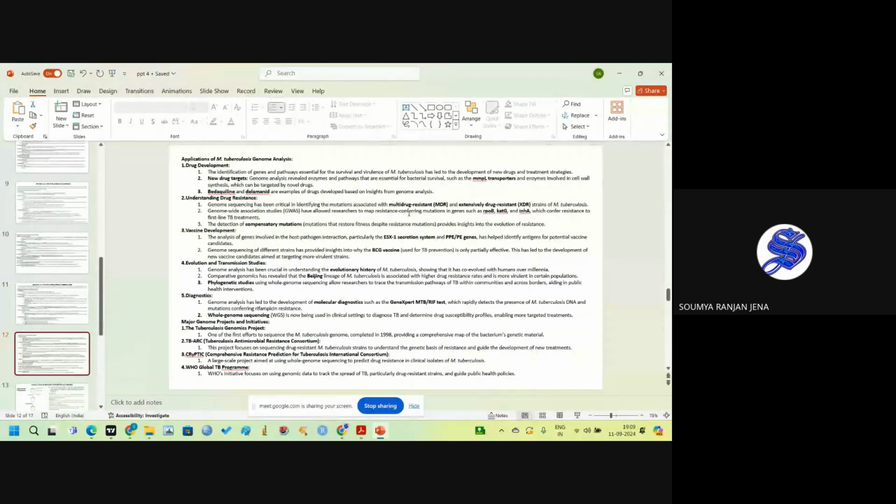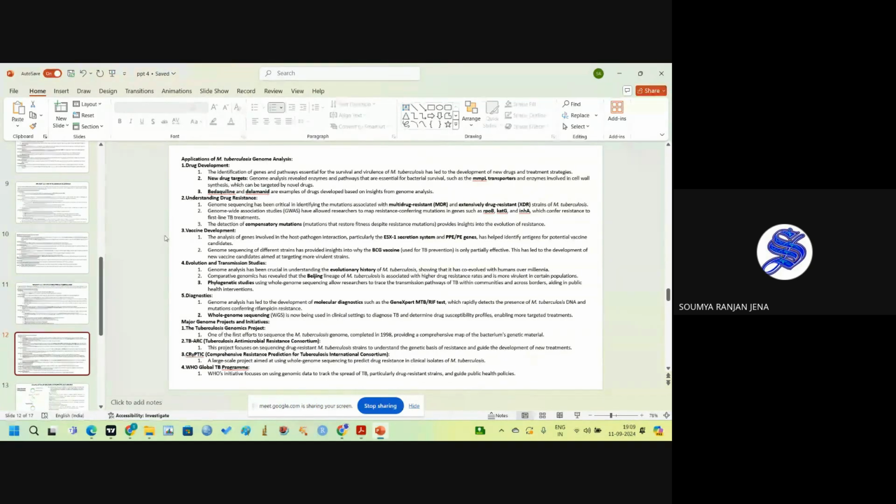Efflux mechanism means if the drug goes inside the macrophage cells, they will activate this multi-drug resistance gene, and this gene will throw the drug out from the inner side to the outer side. Then the drug will not act on this tuberculosis species.